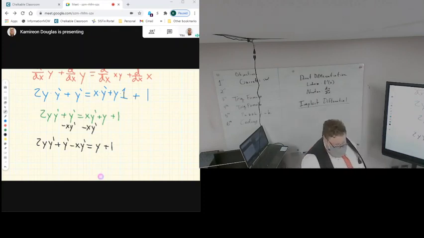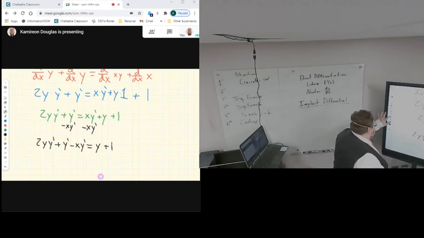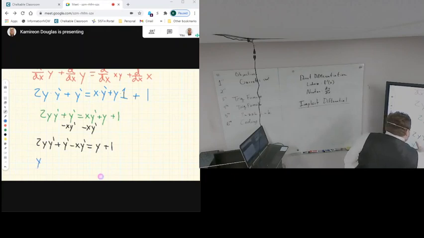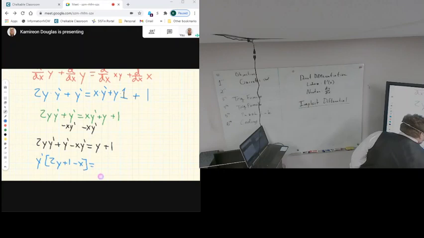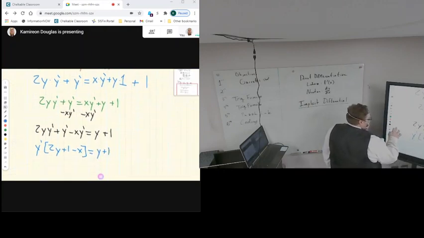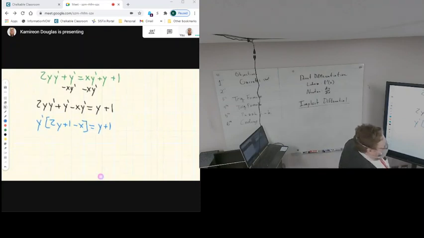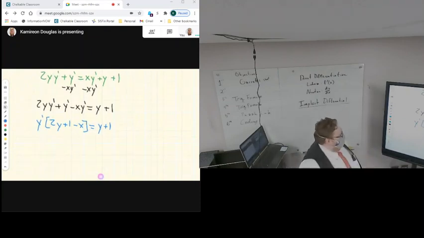And then right, we can factor now. Let's factor y prime out. If I factor y prime out, what's left behind on the left-hand side? 2y plus 1 minus x. Very good. Equals y plus 1. Divide by 2y plus 1 minus x.